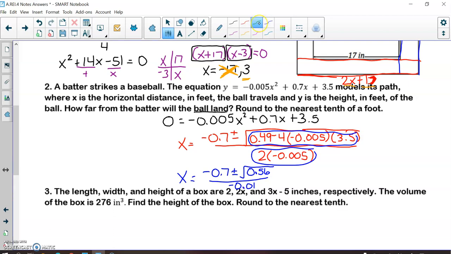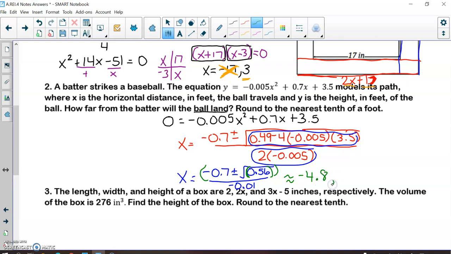When I type this into my calculator, I put parentheses, negative 0.7 plus the square root of, and your calculator puts in this set of parentheses, and you type in 0.56, close your parentheses twice, and then you do divided by negative 0.01. And you get approximately negative 4.8.